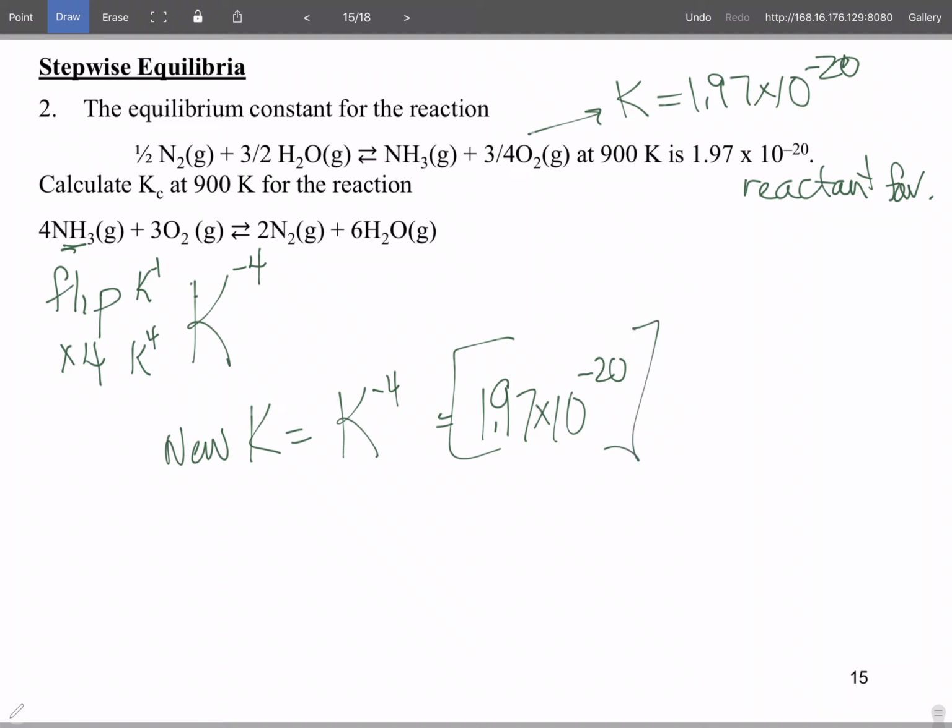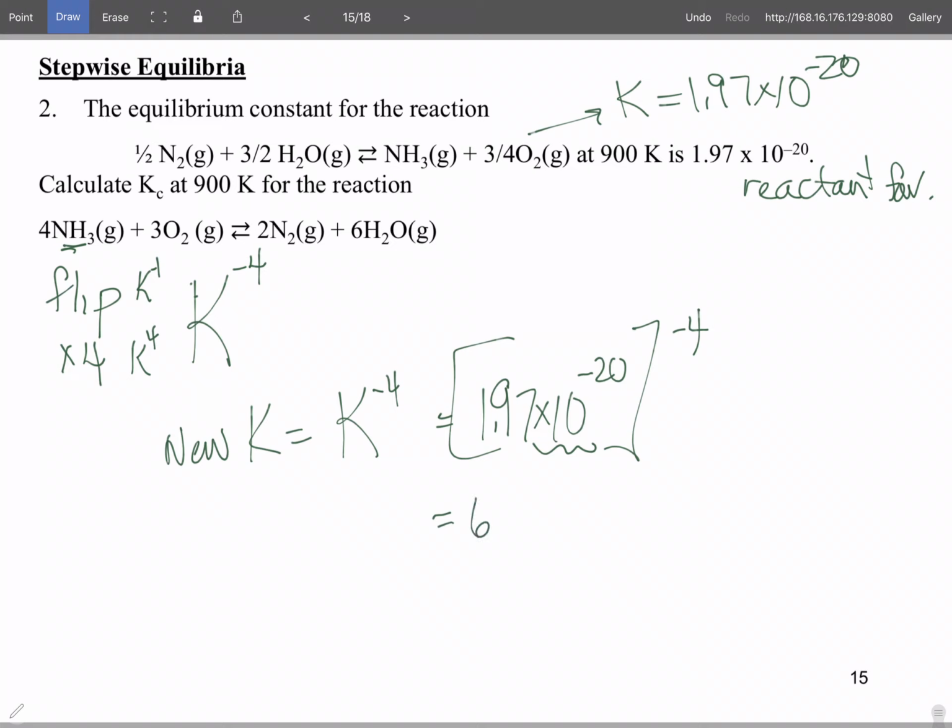And this is where it starts to get critical. It needs to be critical that you use scientific notation, the EXP function, whatever you have on your calculator, here to the minus 4th, so that you get the proper value. Okay, there it is.